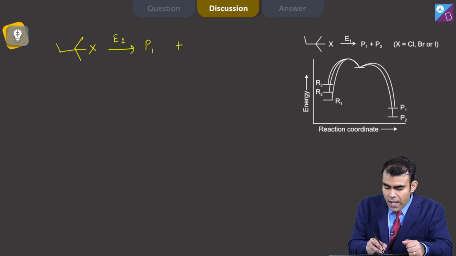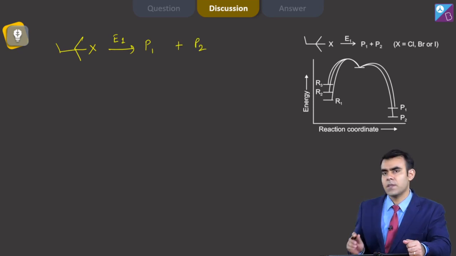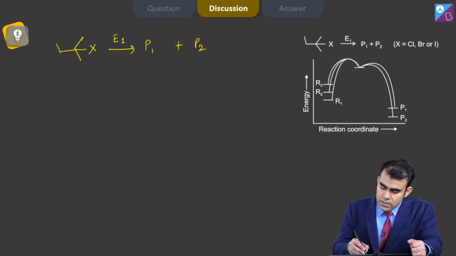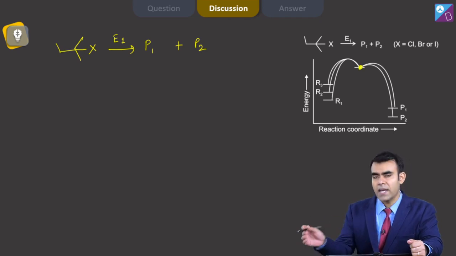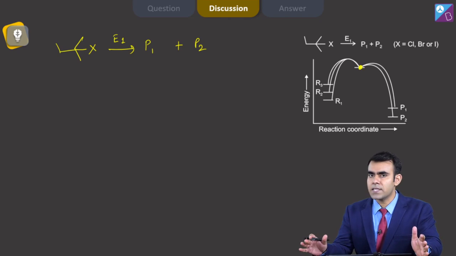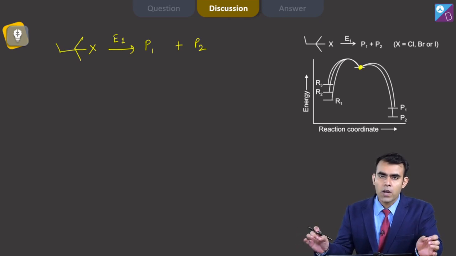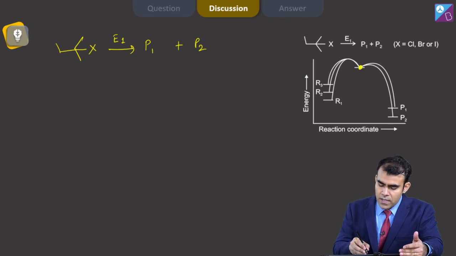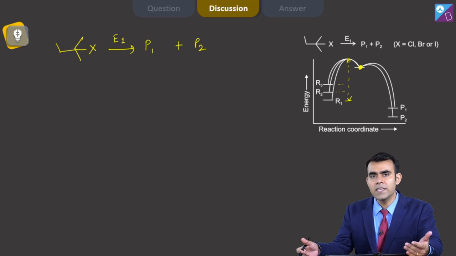One is P1 and the other one is P2. Now you can see that the energy of my intermediate is the same in all the cases, which means all are forming the same carbocation. But if you see the activation energy barrier, this is different for different reagents.